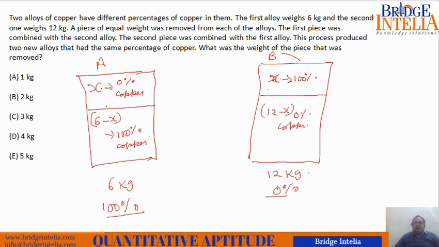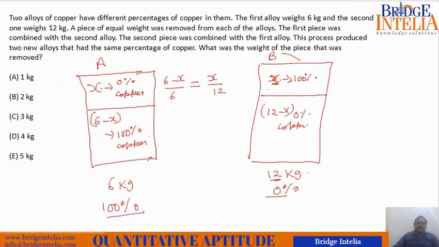So what has happened now? The final percentage of copper has become the same in both. So 6 minus x out of 6 should be exactly equal to x out of 12. This is copper. So x parts out of 12 parts, 12 kg, is copper.